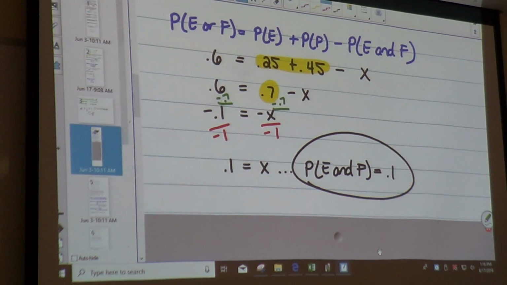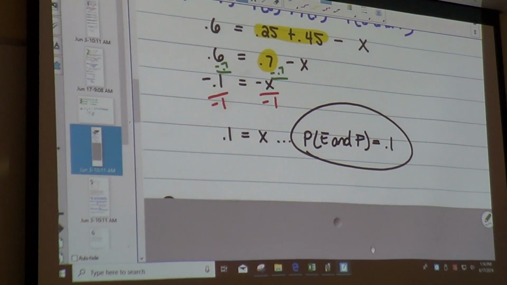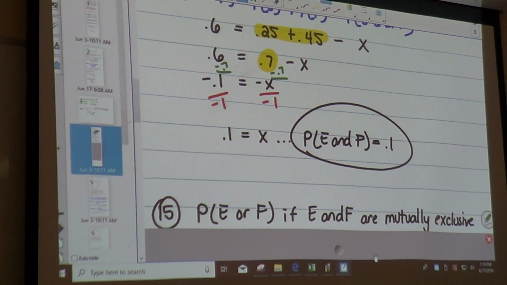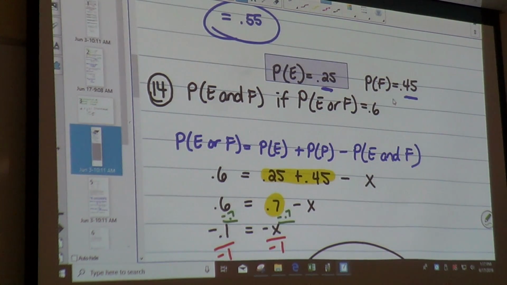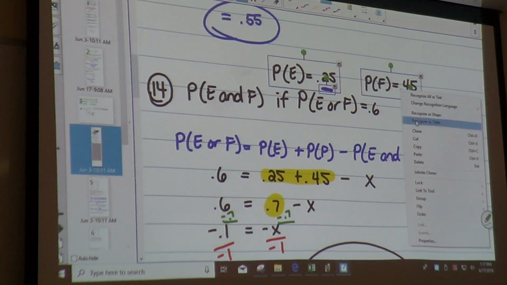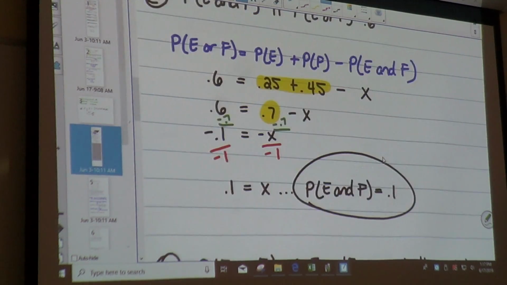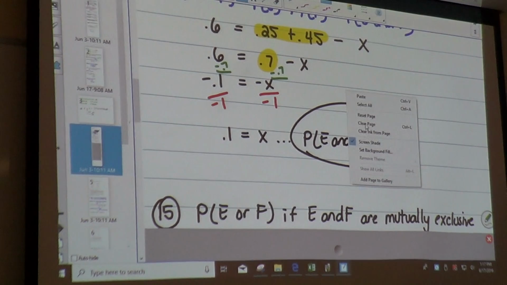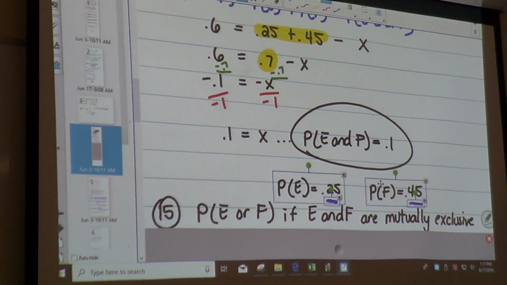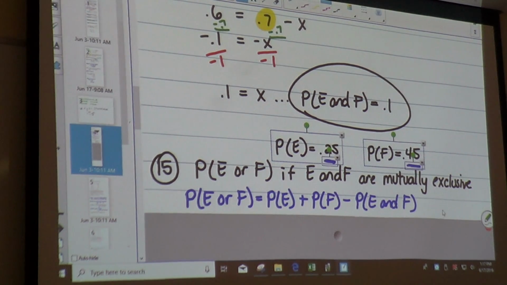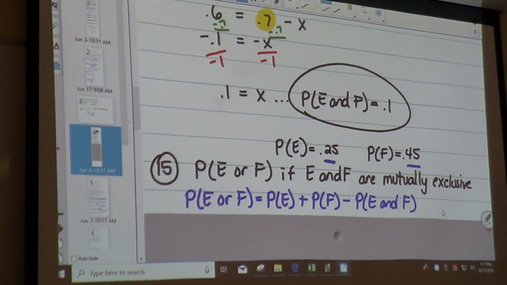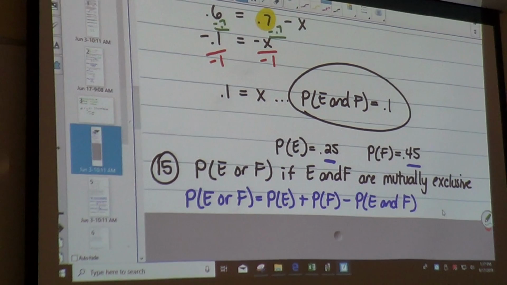All right, let me give y'all one to do. Let me grab these again, because I think those are for all of these problems. Paste. All right. How about that one?